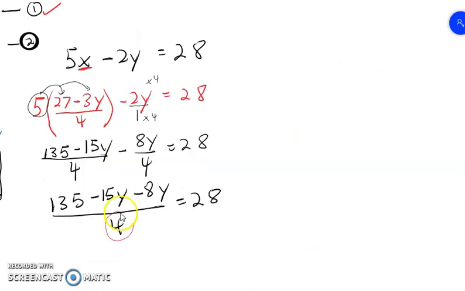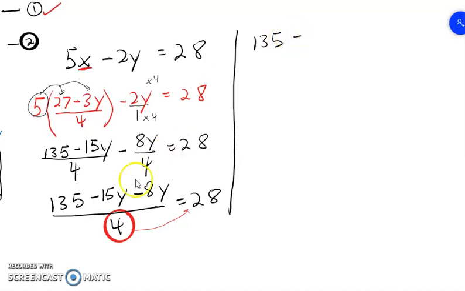Now we take the 4 and multiply it with the 28, and also we solve negative 15y minus 8y. So I'm going to do it here. 135 minus, both of these you add, and you are getting 23y equals 4 times 28, which gives you 112.